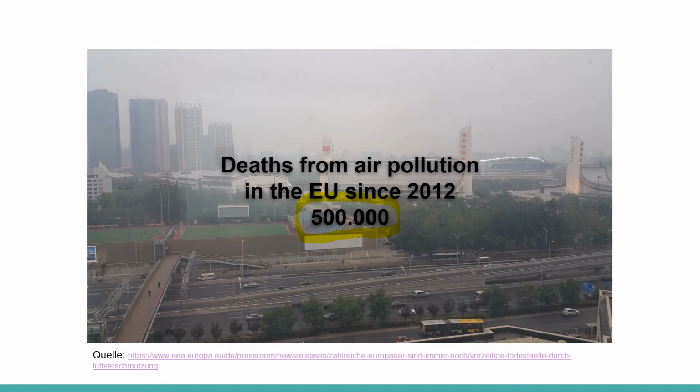This is not a number from some Green Party, it is from the European Union data. This picture, by the way, is not Germany, that is China. I took that picture as I was in Beijing. That is a city with really bad air pollution, at some days at least. You saw the nearest buildings here, but the skyline of Beijing wasn't visible at all. So bad was the air pollution.